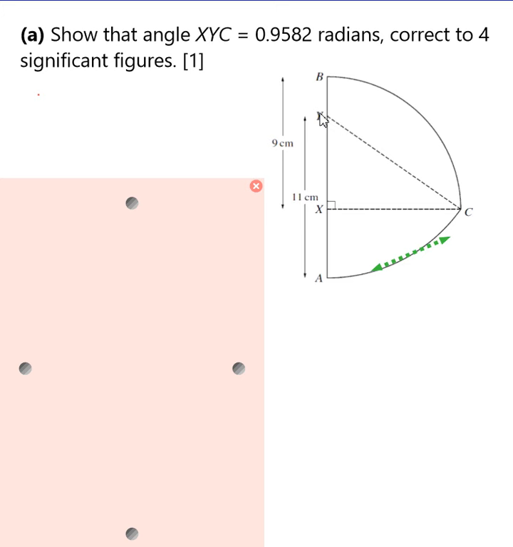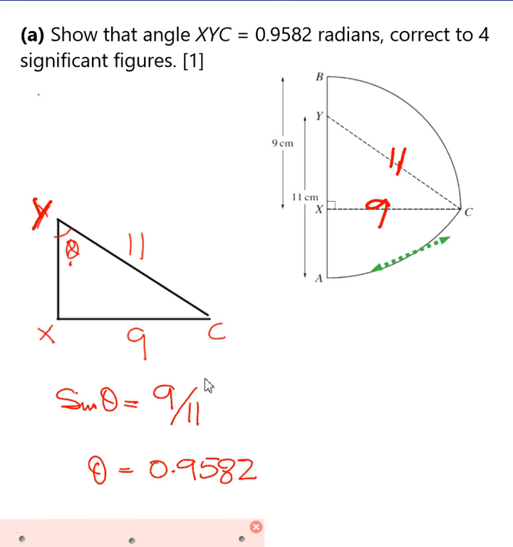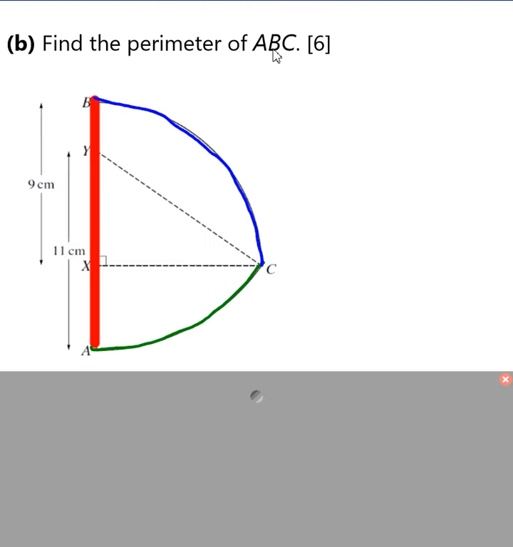AY is your radius and YC is also your radius. So it's not written here, but this is 11 and this is 9. I hope you understand. Now you will simply apply the rule of SOHCAHTOA and find angle Y. If you look at this diagram, you can easily find angle XYC. I have given it the name theta. So we have proven that it is 0.9582.